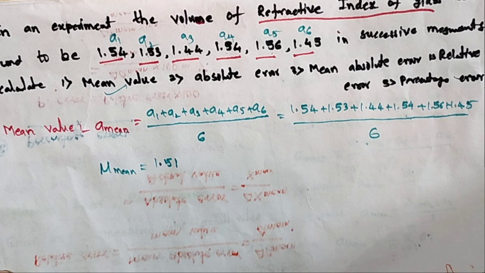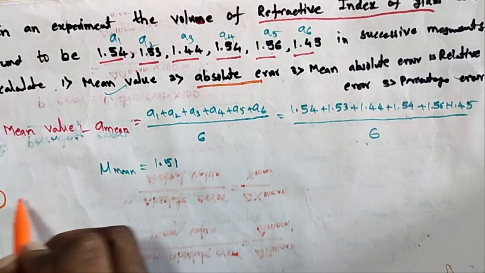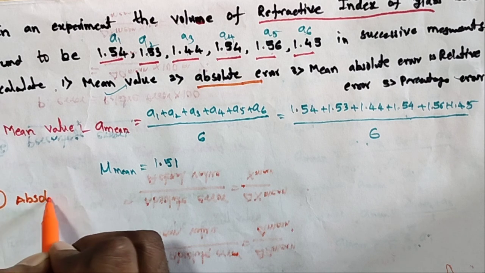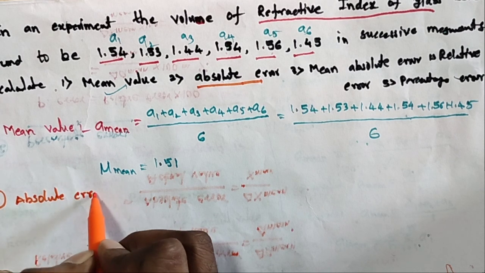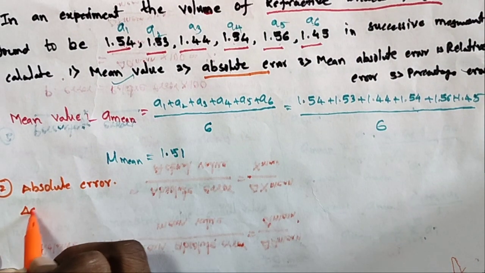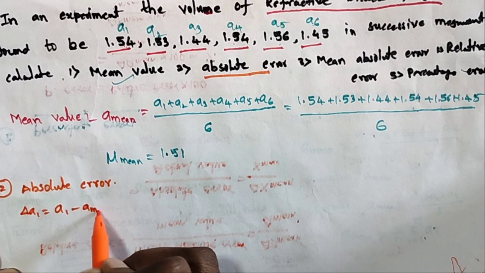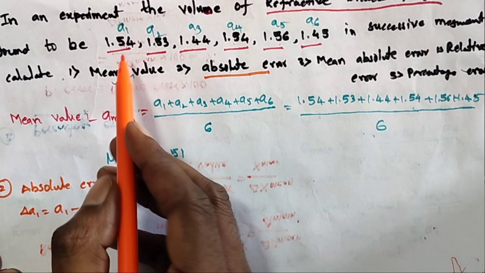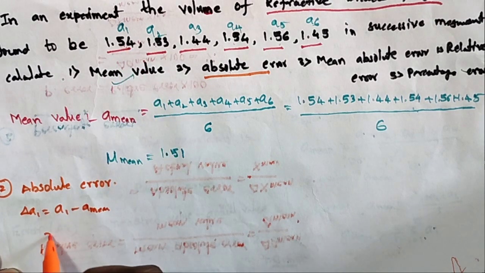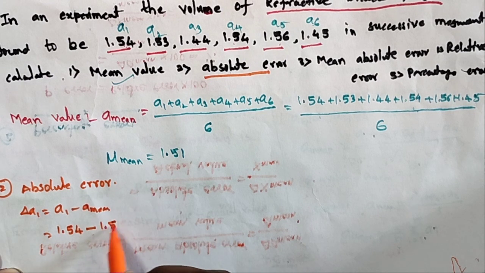The second one is the absolute errors, the individual errors. First, delta a1 is equal to the measured value minus the a mean value. A1 is 1.54 minus the mean value 1.51, so that is plus 0.03.